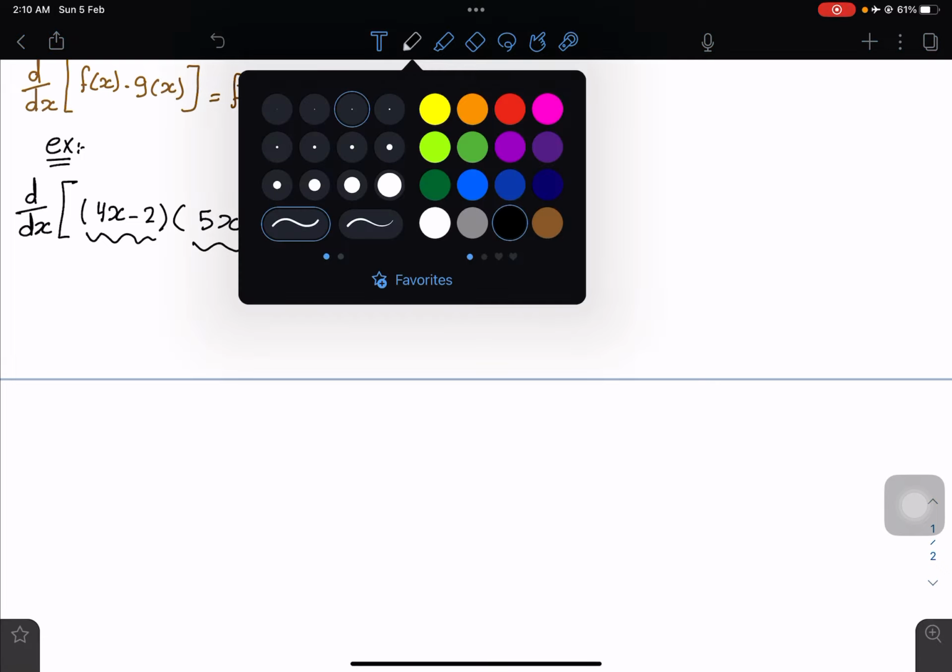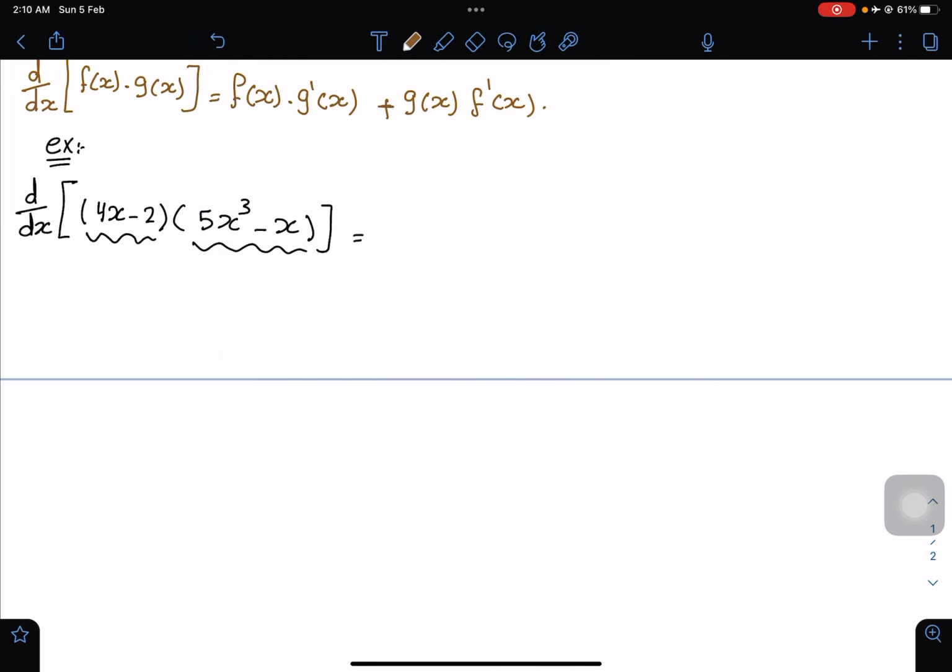Apply the rule. The rule said drop the first as the same, so put 4x minus 2. Then the derivative of the second. How to take the derivative of the second? Drop the power with a multiply, so 5 times 3 is 15, x power 2, minus the derivative of x, which is 1.